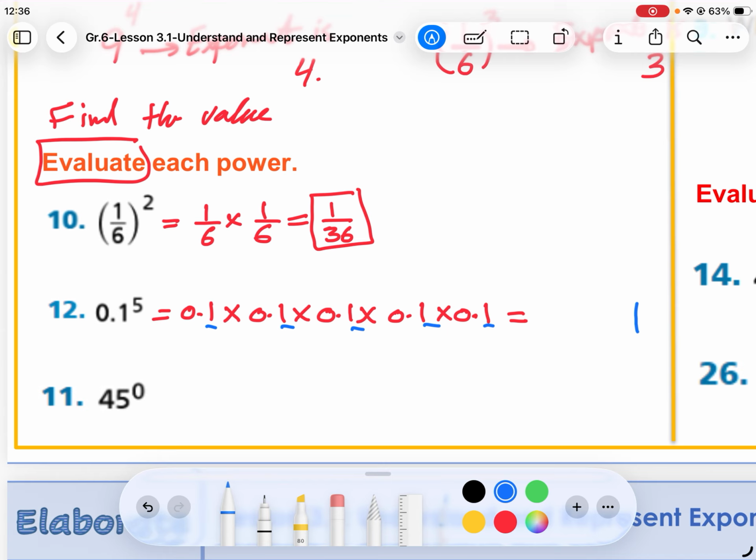Okay, number 1, you ignore the point. Number 2, you multiply like you multiply whole numbers. Number 3, you have to put the point back. Okay, so how am I going to put the point back? By counting the decimal places. As you can see here, I have 1 decimal place, 2, 3, 4, 5. So I need to move backward, count 1, 2, 3, 4, 5, and then put the point.